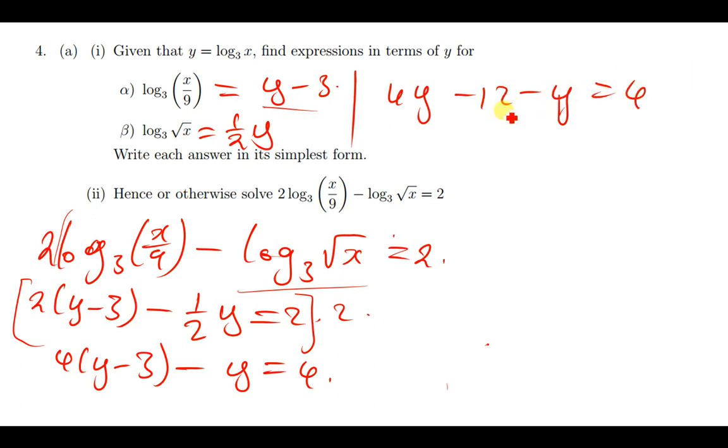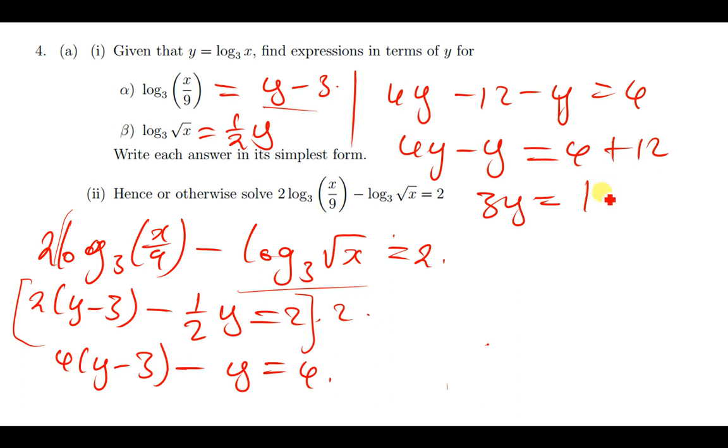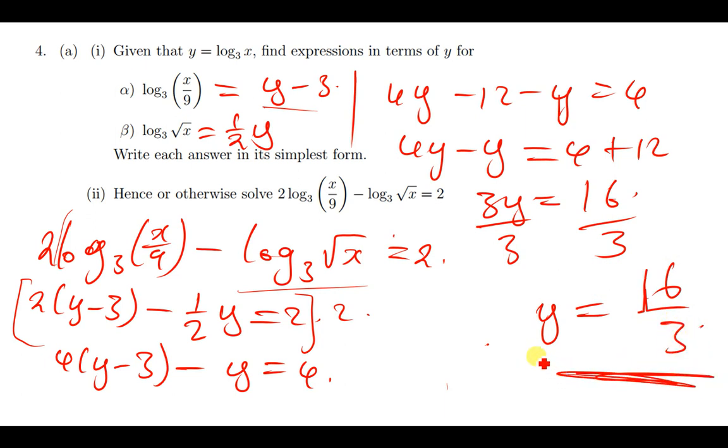So this 12 can go to the other side of the equal sign. And then 4y minus y will remain this side. So I have 4 plus 12. So 4y minus y is 3y, and this is equal to 4 plus 12, this is simply just 16. So we divide by 3, and the value of y just becomes 16 over 3. So this is the answer.